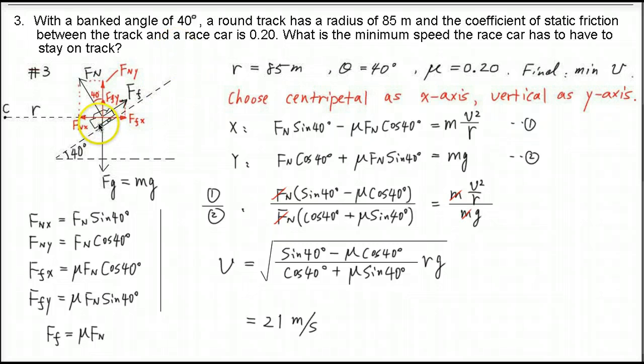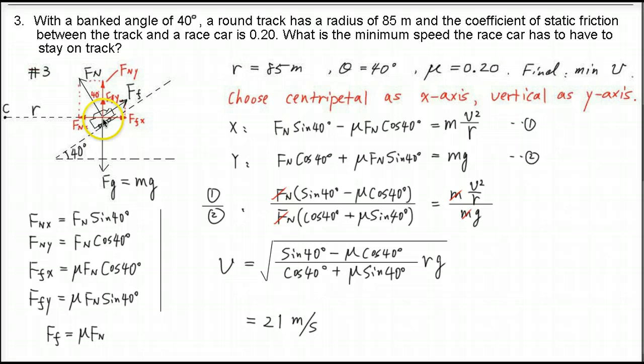So now you can try, if you let the race car stay there, you can calculate the sliding force, which is the component of Fg down the slope. That would be greater than the friction can hold. So then the car has to undergo a circular motion so that the inertia will try to help the car stay on the track.